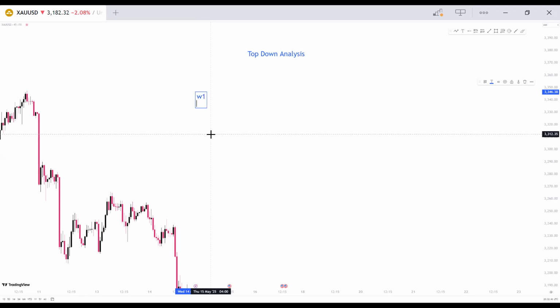Then from weekly, you drop down to 4 hours. Then from 4 hours, you drop down to 15 minutes. This weekly is just for you to know the direction.